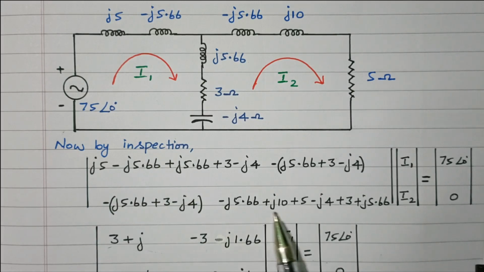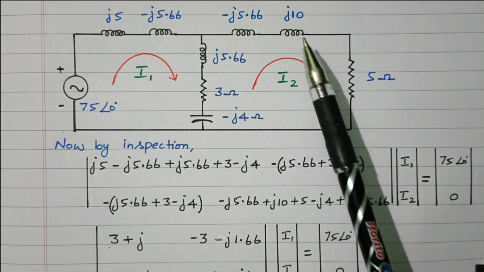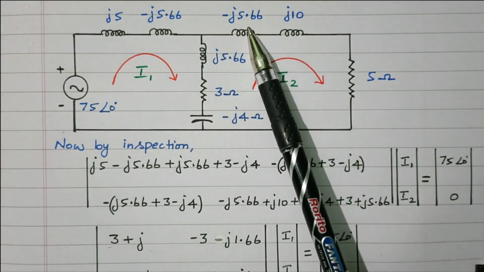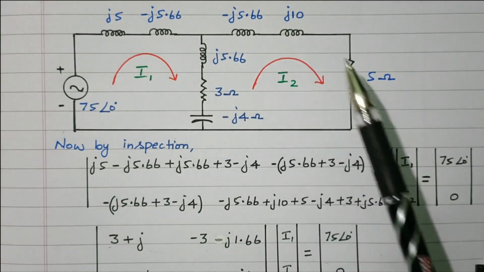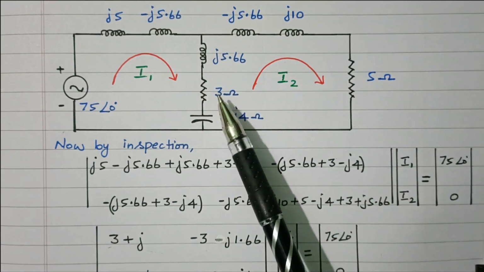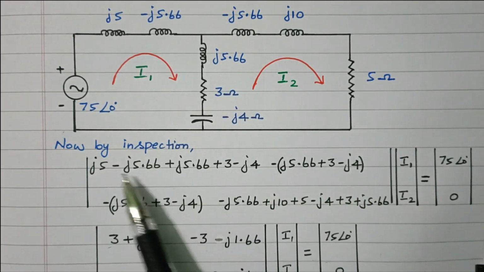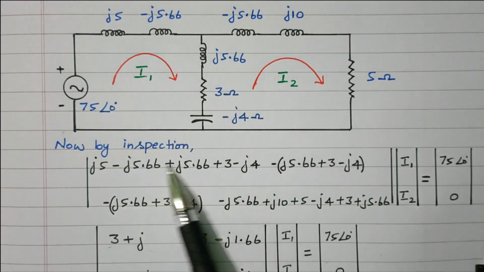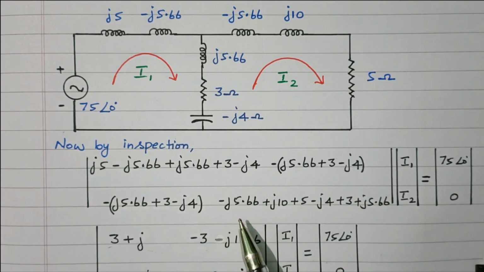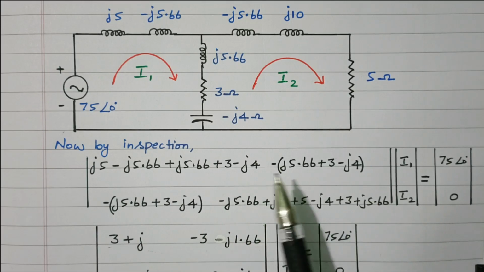Now similarly this Z22, all the elements available in the second loop are added together. Minus j5.66, j10, 5 minus j4 plus 3 plus 5.66, all are added together. Z11 is the impedance available in loop 1. Z22 is the impedance available in the second loop.